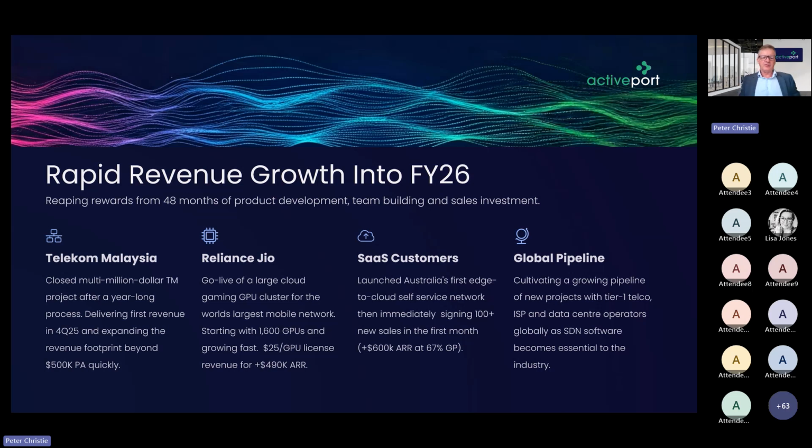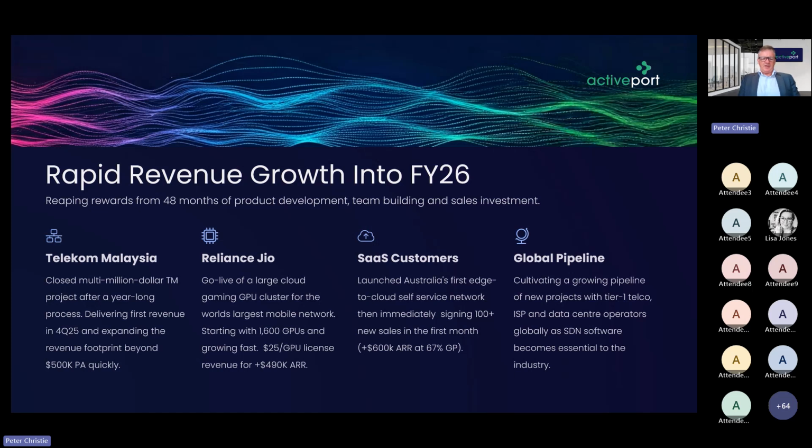And Telecom Malaysia are using our software to automate their global network. So Telecom Malaysia have a domestic network, like most telcos do in country, but they also have a quite extensive international network. And so the first project with Telecom Malaysia is to use our software to make it easy for other carriers to connect onto the Telecom Malaysia network through their global points of presence.